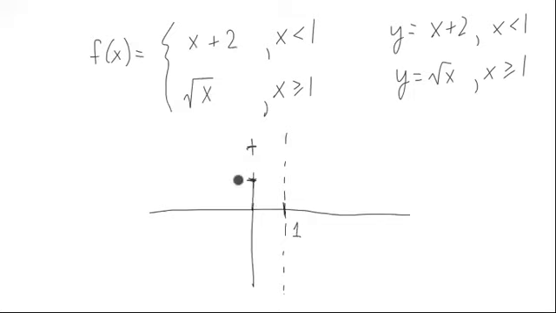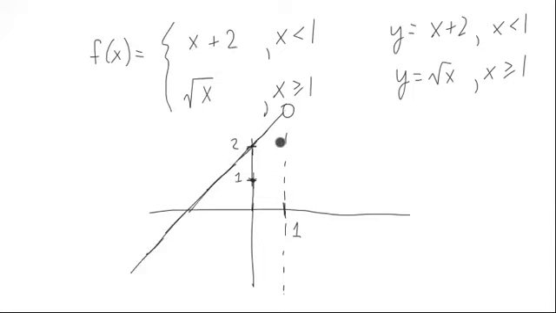Let that be 1, let that be 2. So slope of 1, and y-intercept 2, so it's going to be going like this to that point. And notice how it's less than, so we put an open circle. And then it goes down like that. So that's that part of the graph.